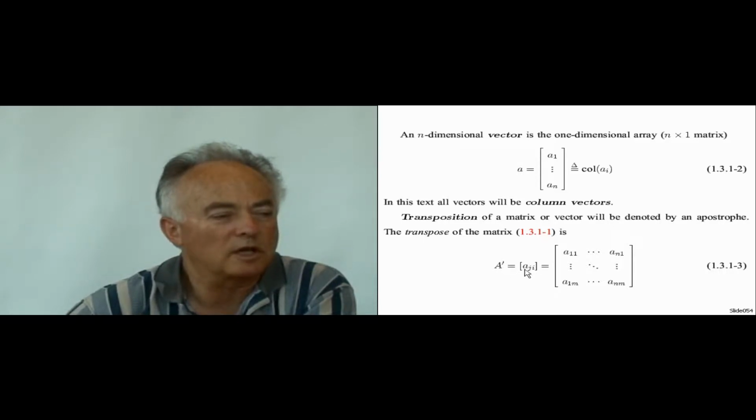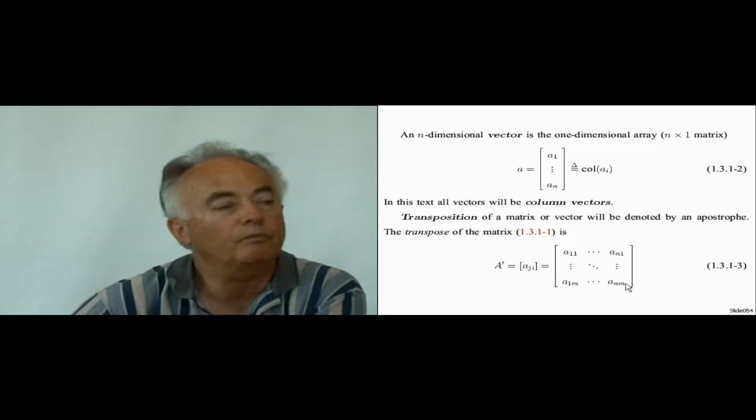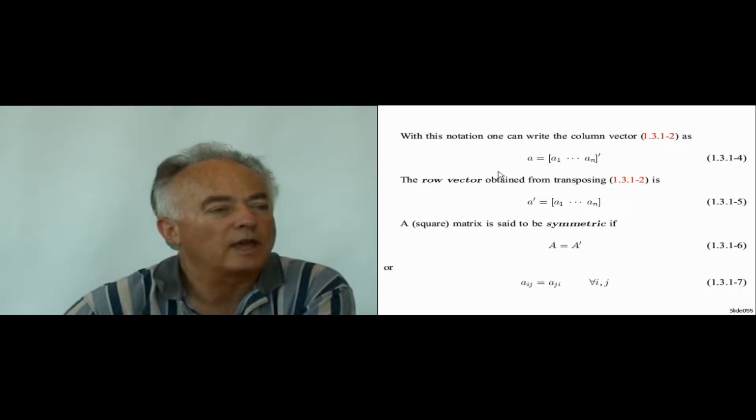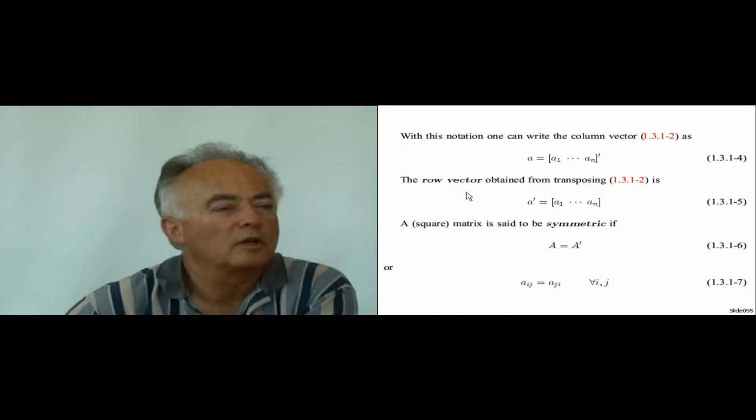Elements now are Aji, starting from A11 to An1, and then A1m through Anm. With this notation, we can take a column vector A and write it as the transpose of the corresponding row vector. And the row vector now is A prime, that's the row A1 through An.